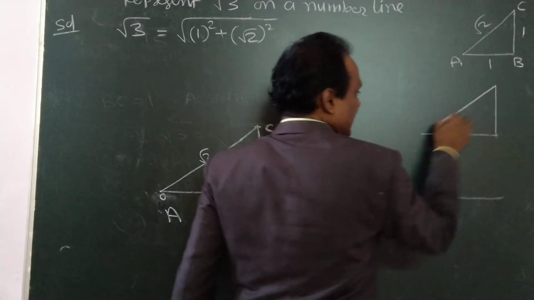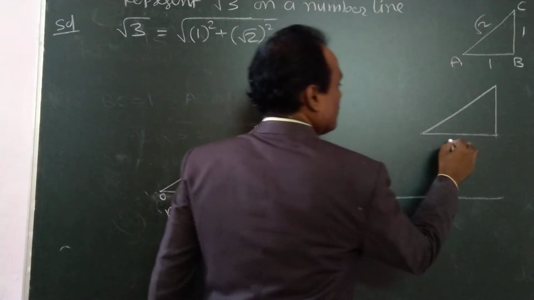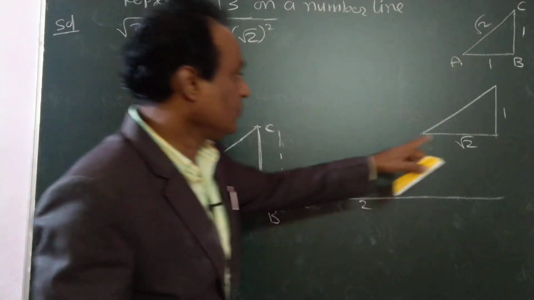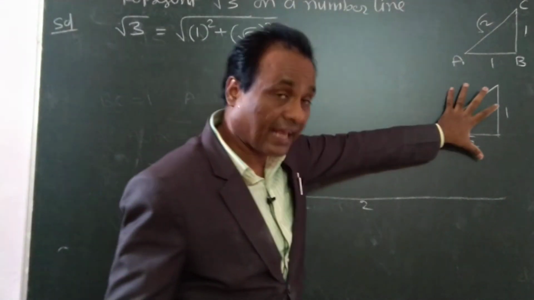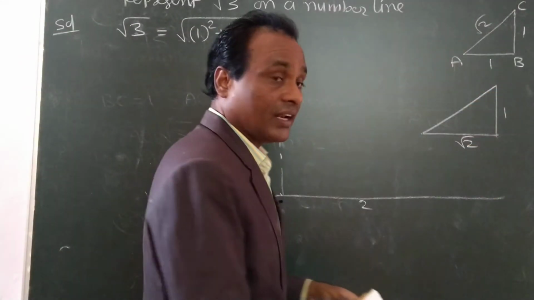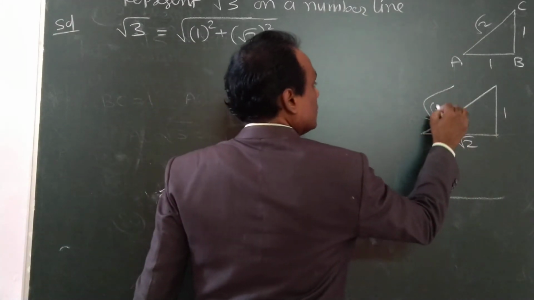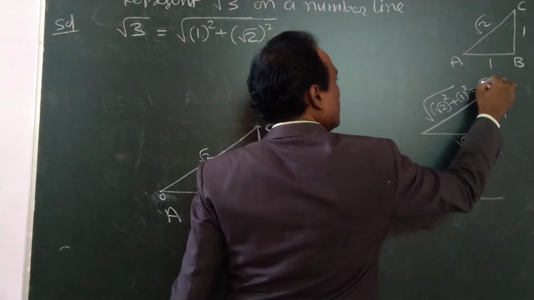Suppose if I draw a triangle where this is root 2 and this is 1. Taking one side as root 2 and another side as 1, what will be this hypotenuse? Root of root 2 whole square plus 1 whole square, which is root 3 only.